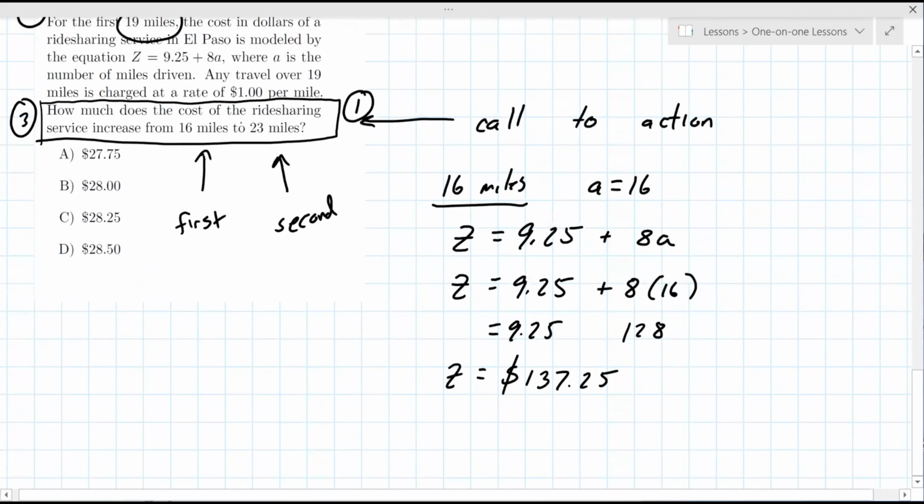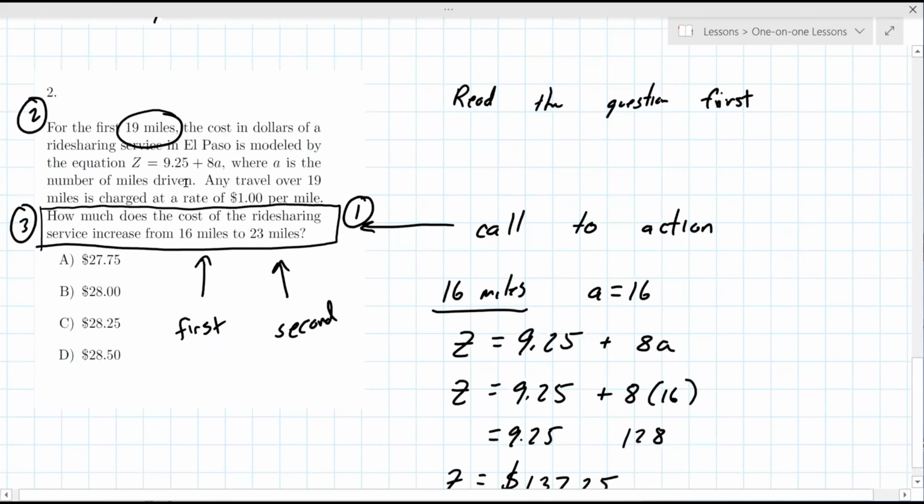Now you might think you could just put that number in for 23 miles into the same equation, but you have to keep reading on here. It says any travel over 19 miles is charged at a rate of $1 per mile. What does that mean to you? Add like $4. Yes. So we have to figure out how much it costs for 19 miles and then add $4 to it. I like the way you said that.